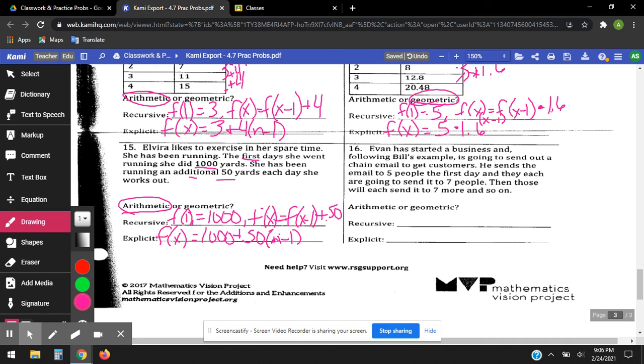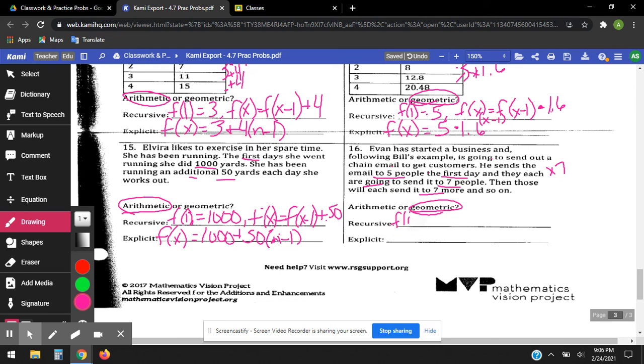All right, big finale. Evan has started a business and, following Bill's example, is going to send out a chain email to get customers. He sends the email to 5 people on the first day, and they're each going to send it to 7 people. Then those will send it to 7 more, and so on. Looks like a times 7 on here, doesn't it? Geometric.